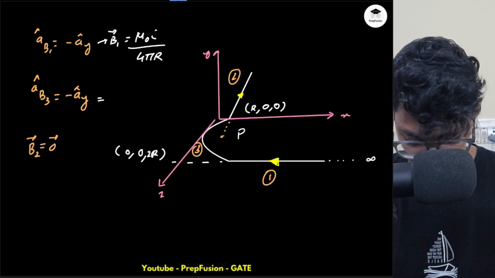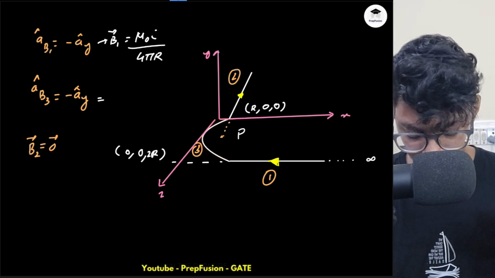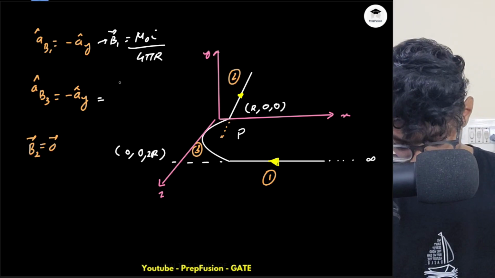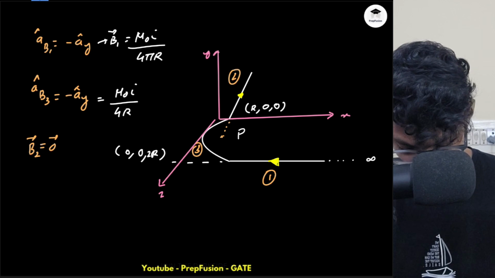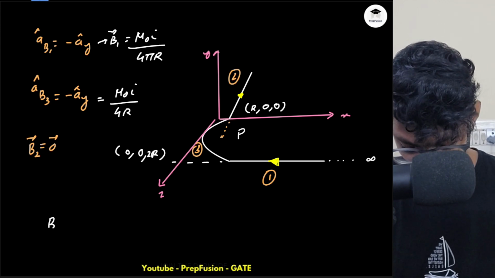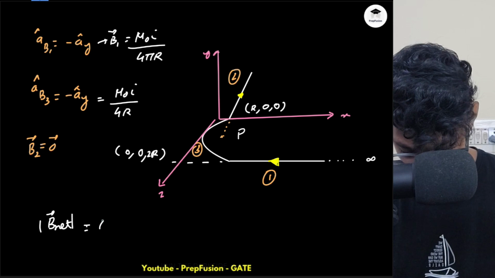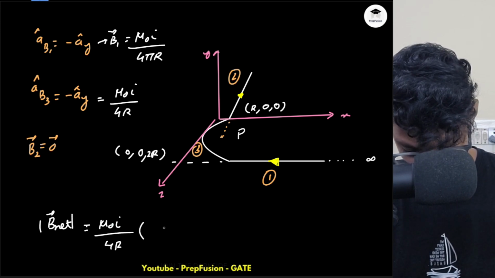Again due to this, it is mu naught I theta by 4 pi r, where theta is pi in this case, so it will be mu naught I by 4 r. So obviously my B net magnitude is mu naught I by 4 r times (1 by pi plus 1).